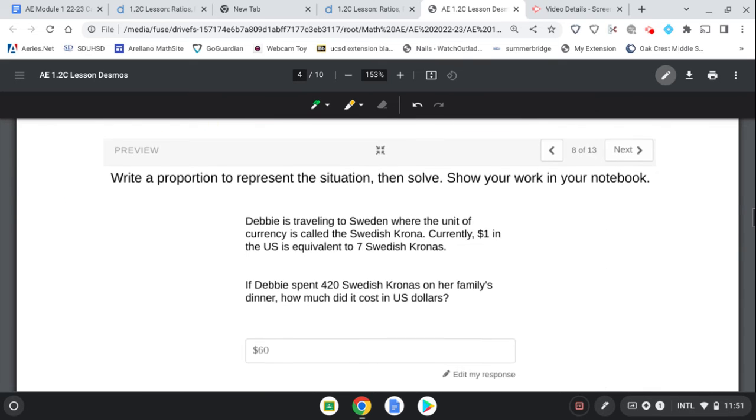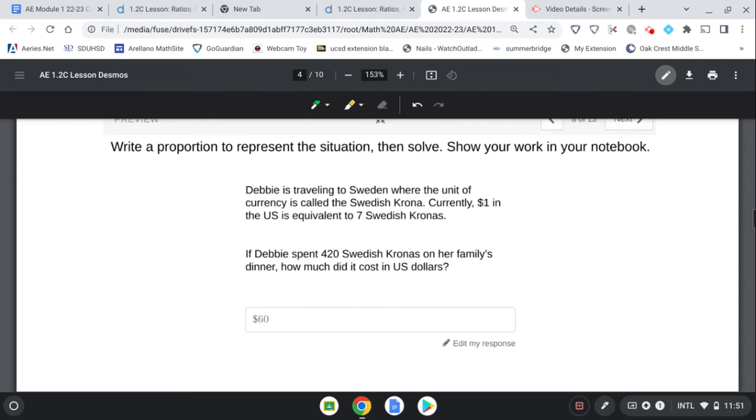For slide 8, Debbie is traveling to Sweden, where the unit of currency is called the Swedish krona. Currently, $1 in the US is equivalent to 7 Swedish kronas. If Debbie spent 420 Swedish kronas on her family's dinner, how much did it cost in US dollars?